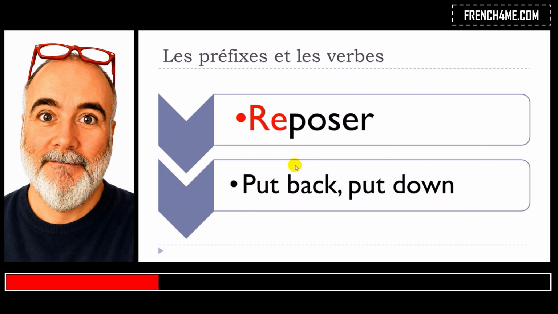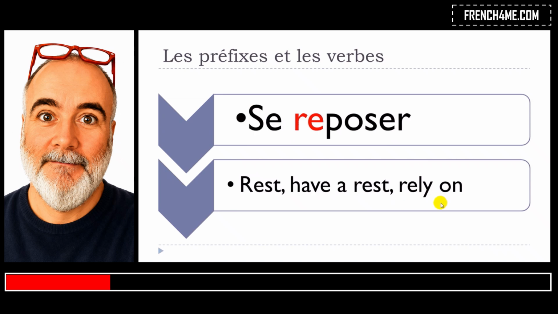Or then you can also add this re, reposer. Okay, and here you've got the translation. It's also possible to have, when we're talking about this reposer, well, this se reposer.